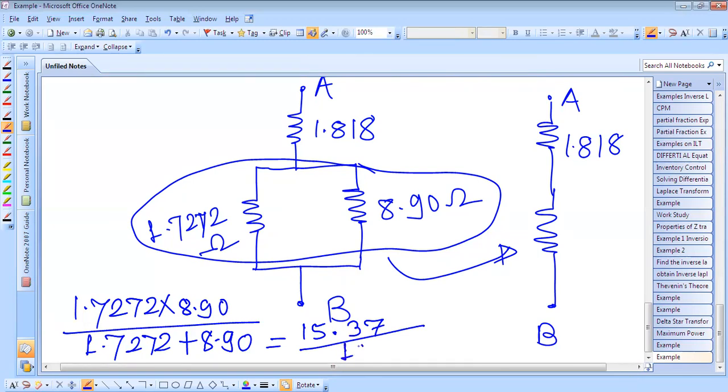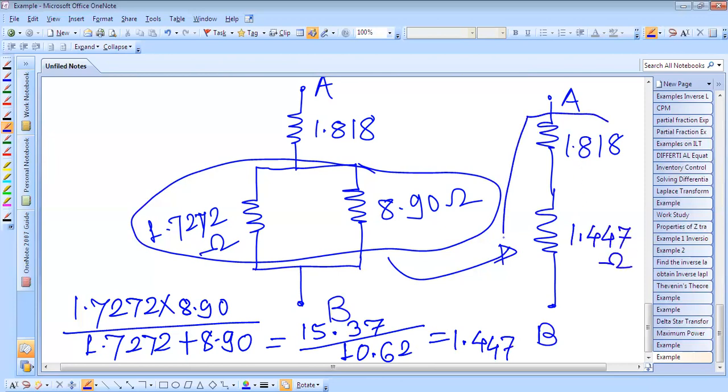This is coming 10.62, and this is 15.37 divided by 10.62. This value is coming 1.447. So this resistance is 1.447 ohm.